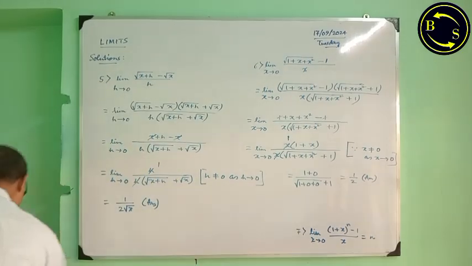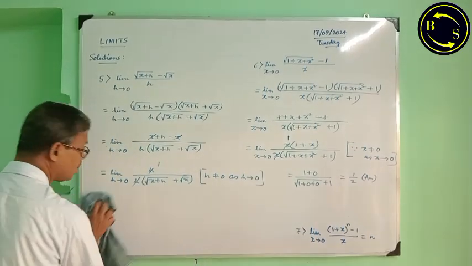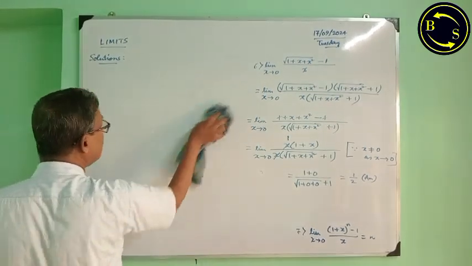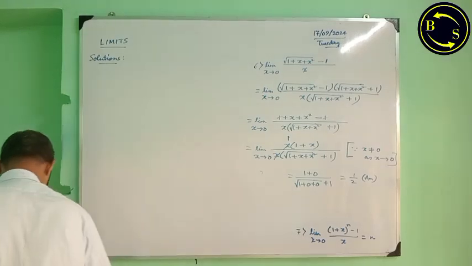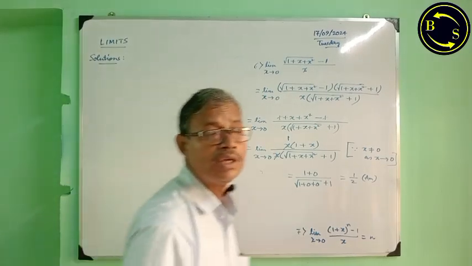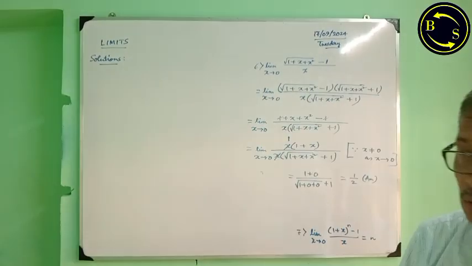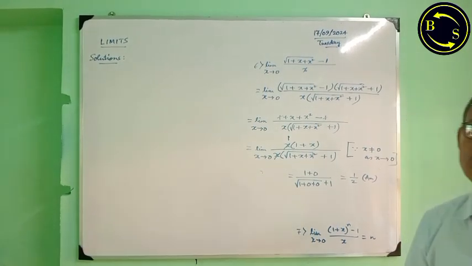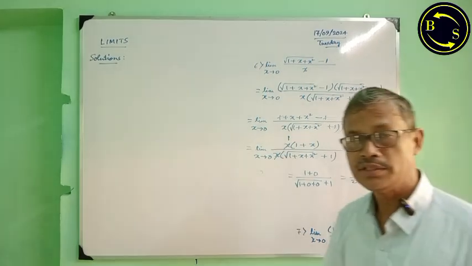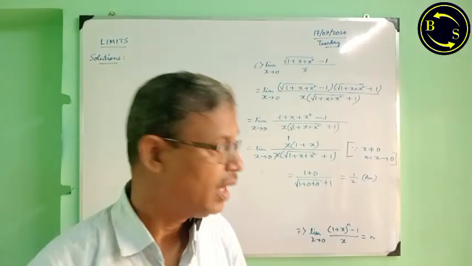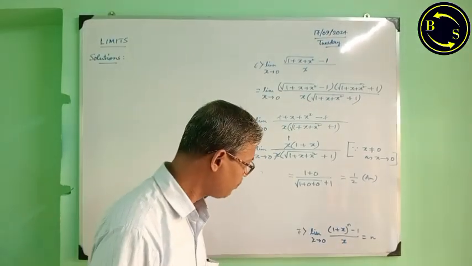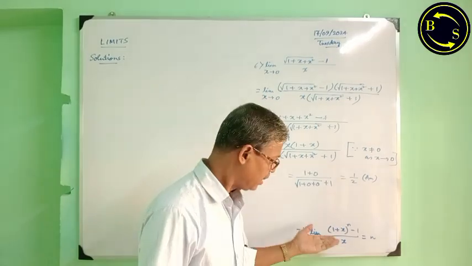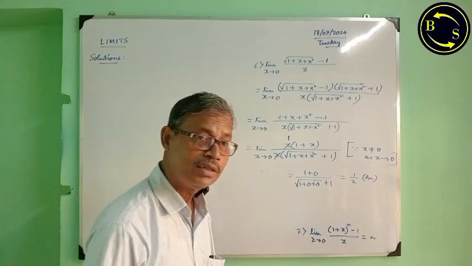Next, this is sum number 7. Now before solving, I have to discuss another working rule, that is sometimes we have to change the variable. Here we see 1 plus x in the numerator and it has the power n.